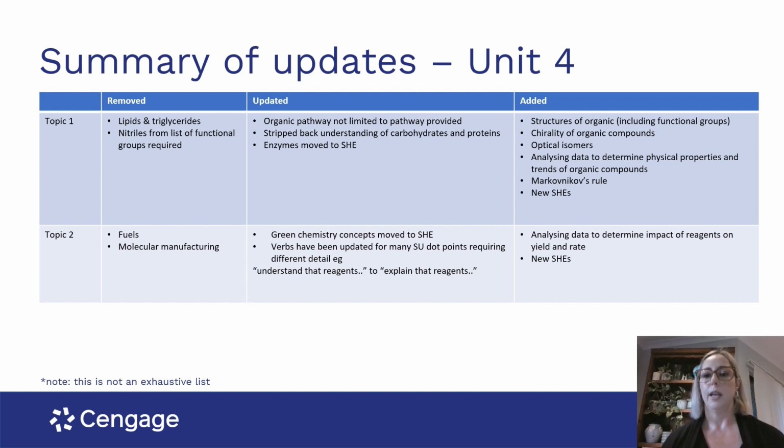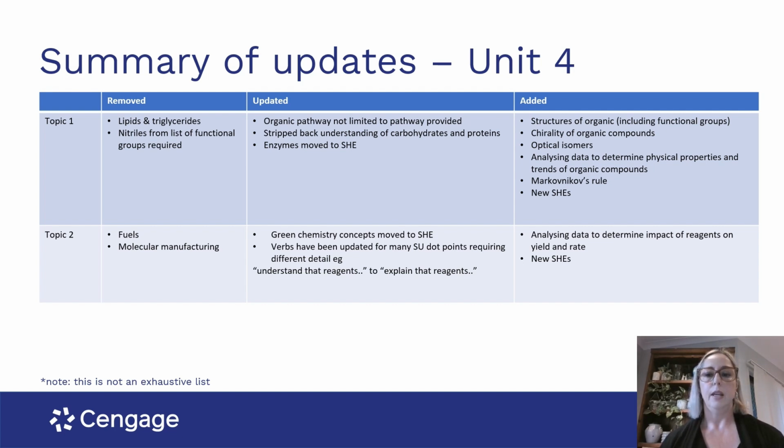So what have they added? They've added structures of organic substances, including functional groups. Chirality is added, optical isomers, analysing data to determine physical properties and trends. Markovnikov's rule is specifically in there, and there are also some science as a human endeavour topics which are updated as well.